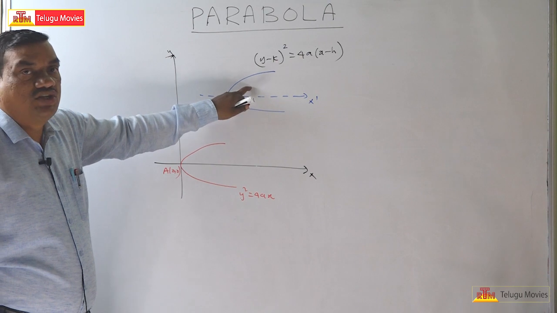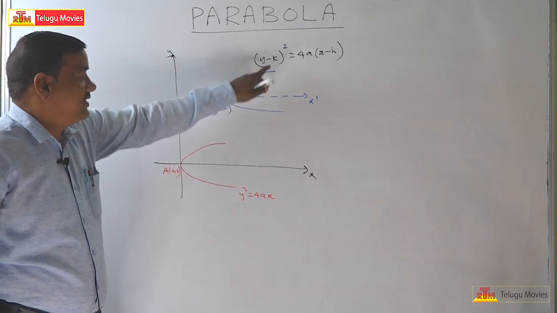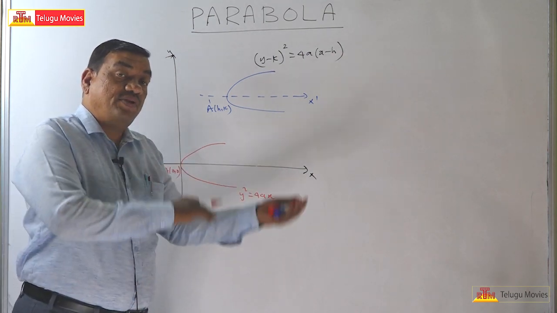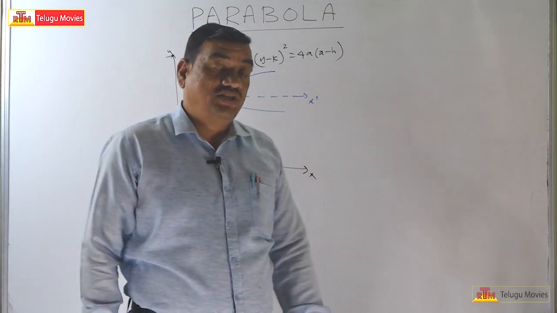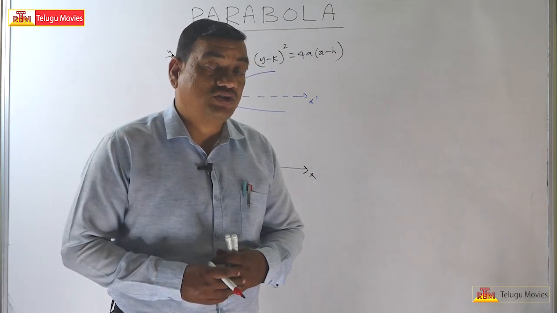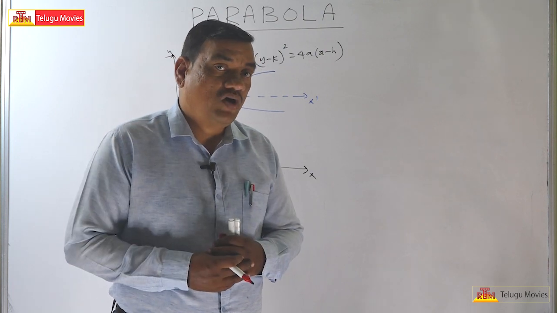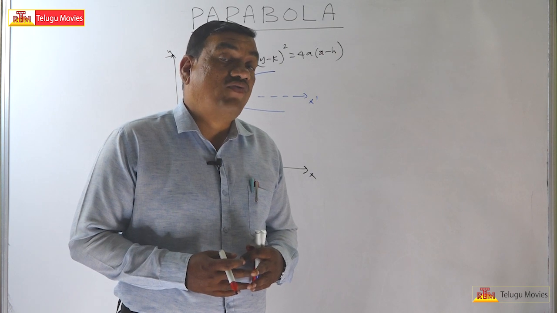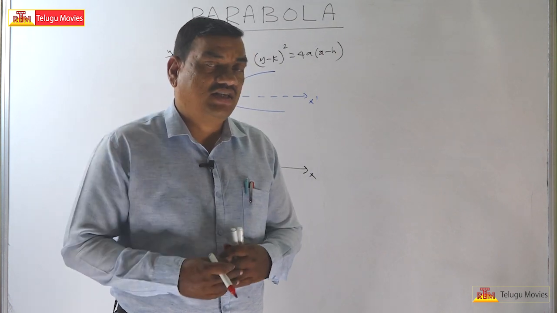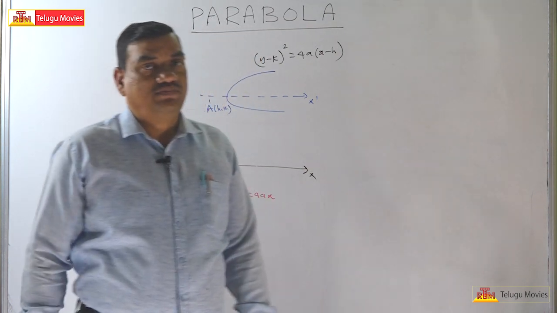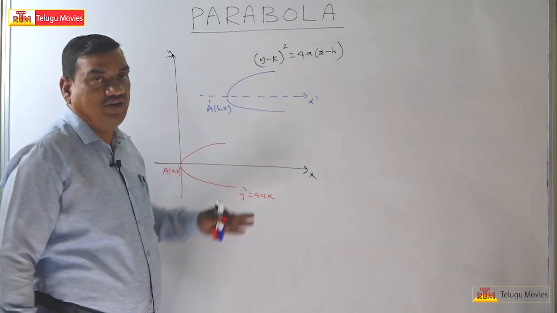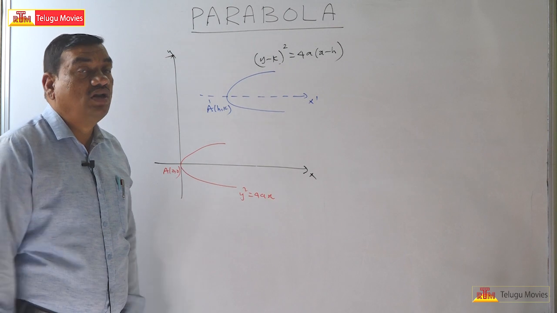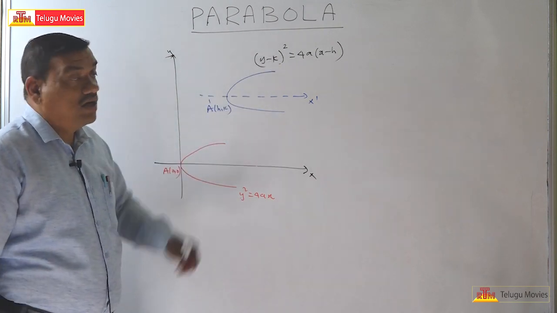In place of y you get y minus k, in place of x you get x minus h. In the first year of your intermediate course, or in the 11th class of the CBSE course, you have a chapter called transformation of axes or change of axes. There you will learn how to get the transformed equation. This is the original equation, this is the transformed equation.